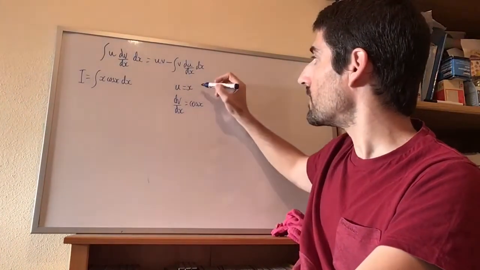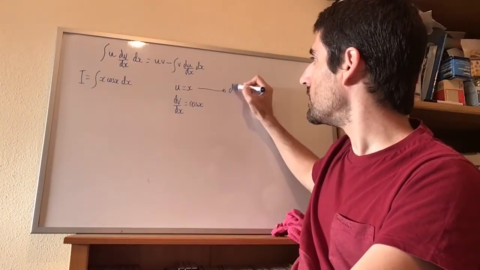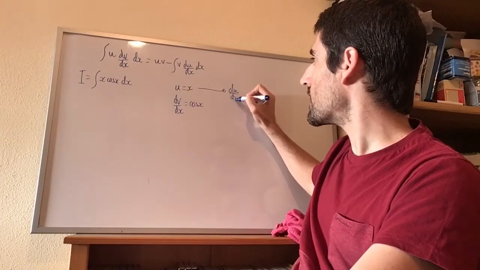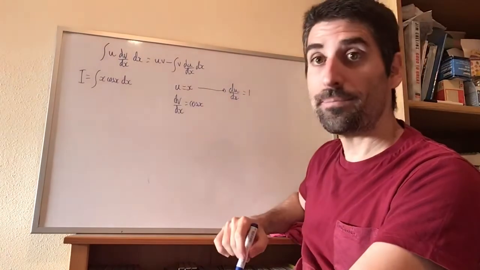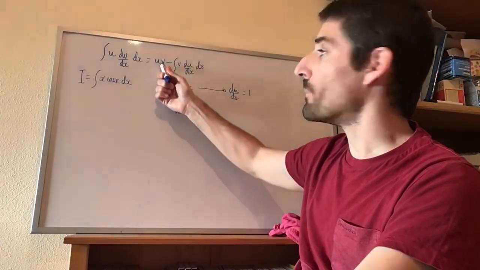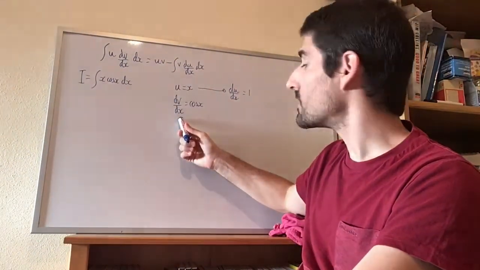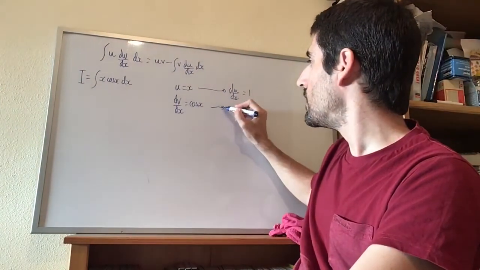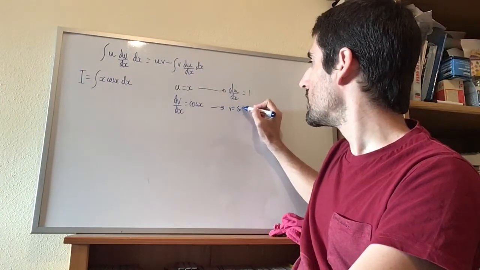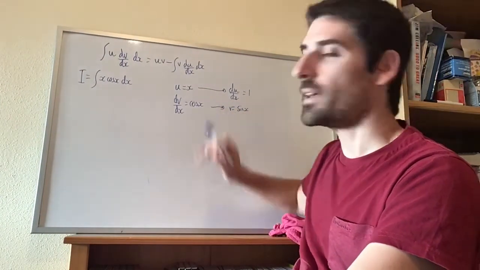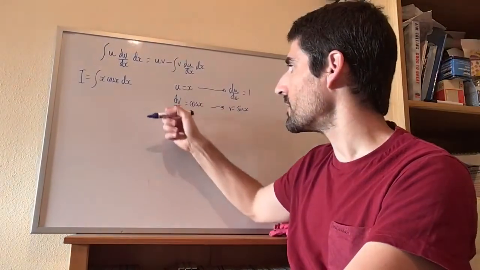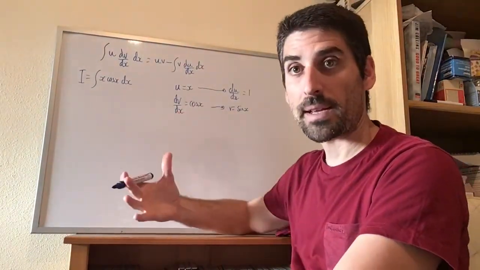Well, that's easy enough, because from there du over dx is 1, and I'm going to need my v function. I got dv over dx is cos x, therefore the v function is going to be sin x, which is the integral of cos x, isn't it? If that's dv over dx, v must be sin x.